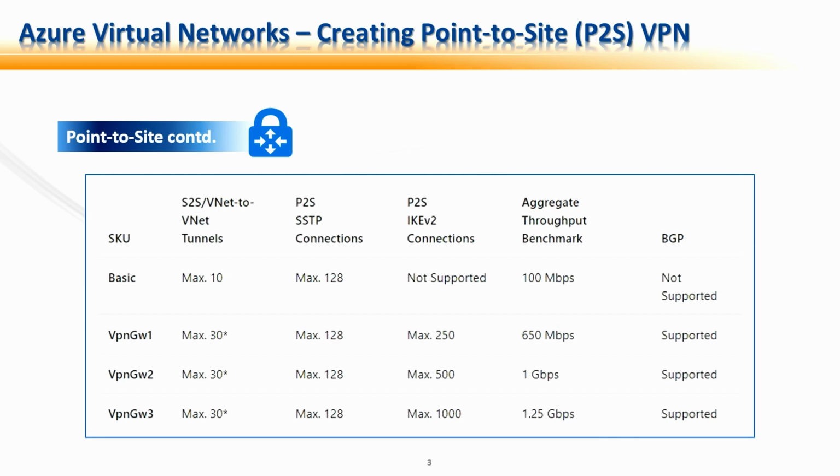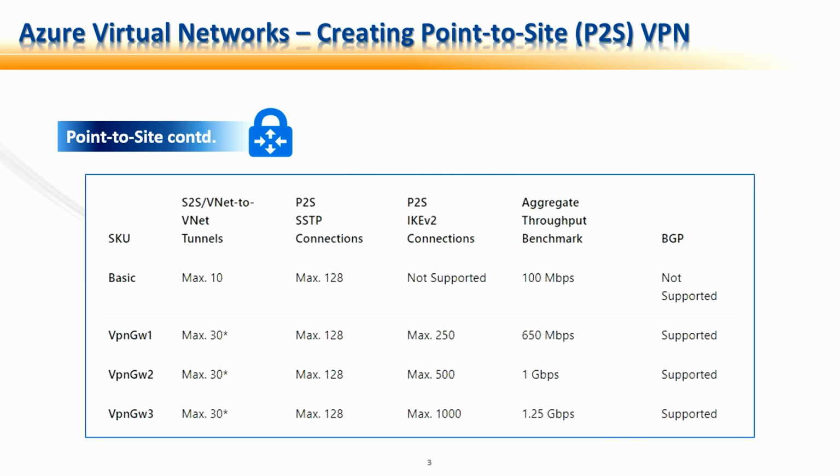But for point-to-site IKE version 2, which was not supported in the basic SKU, here in VPN Gateway 1 a maximum of 250 connections can be made over IKE version 2. We have an aggregate throughput of 650 Mbps, and BGP support. BGP is also supported for GW2 and GW3.